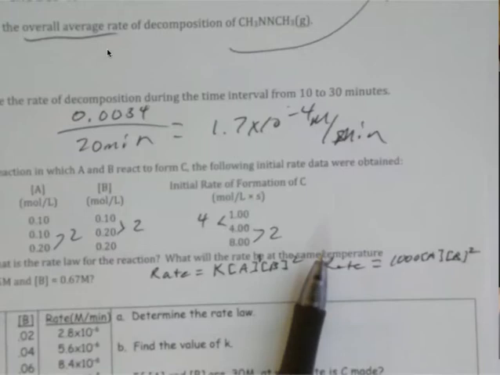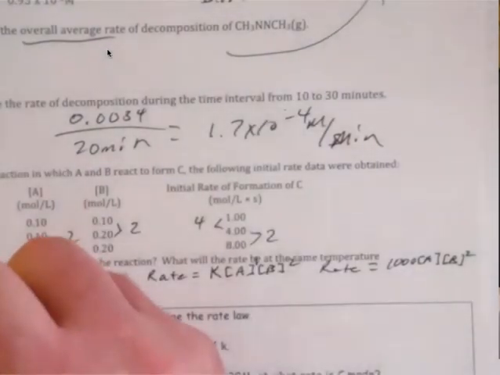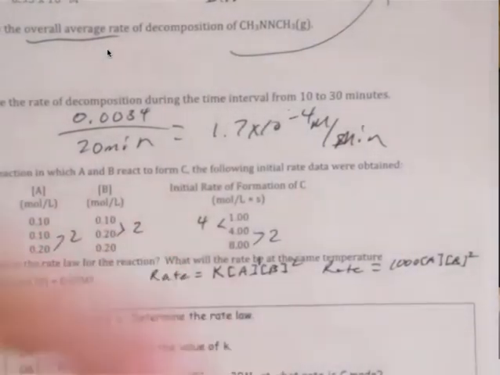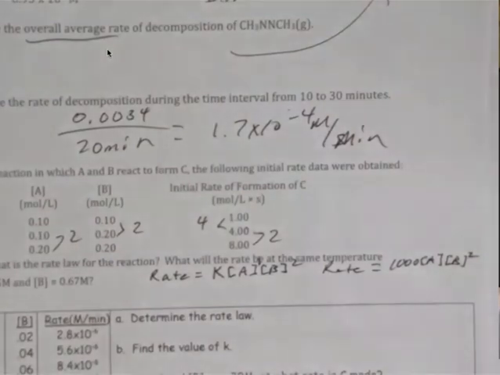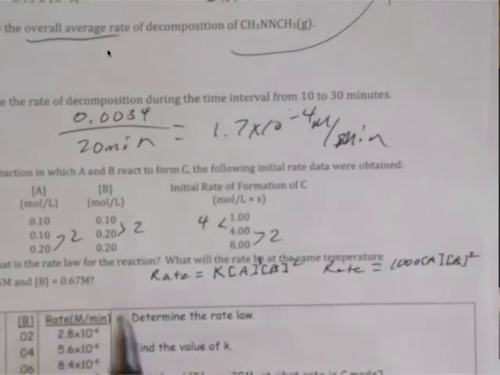Instead of being negative 0.55, it should be 0.55. Sorry about that. Sorry I didn't catch that before you guys worked that problem last night. But since nobody called me, I'll never know. Figured that, right? So we have 0.55 and 0.67.